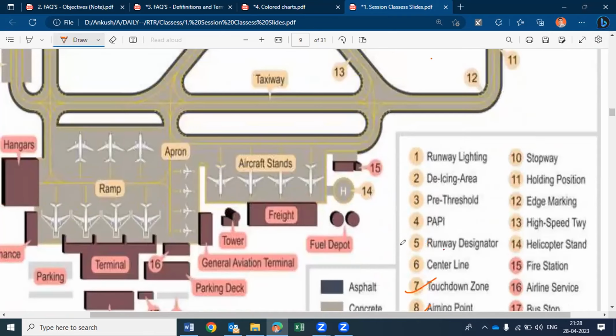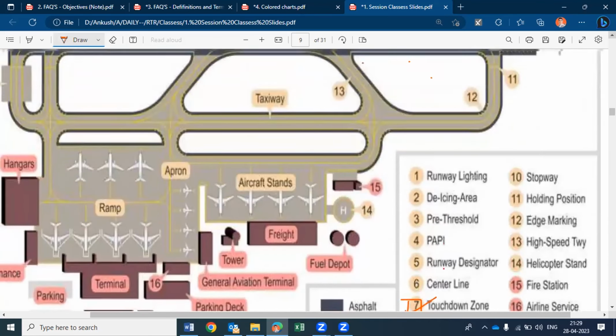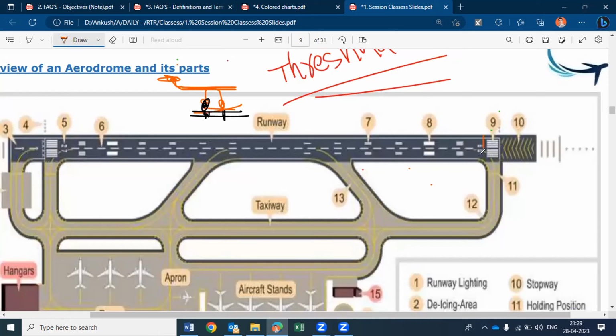So these three things you need to be very clear: threshold point, aiming point, and touchdown point.